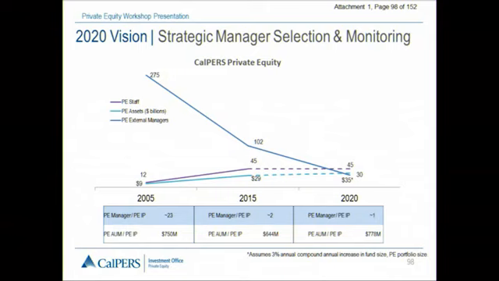You have so many different managers, and such a larger percentage of the overall market. Currently we have less than half of that, 102 private equity external managers in our portfolio today. And our objective by July 1st of 2020 is to have 30 private equity external managers.